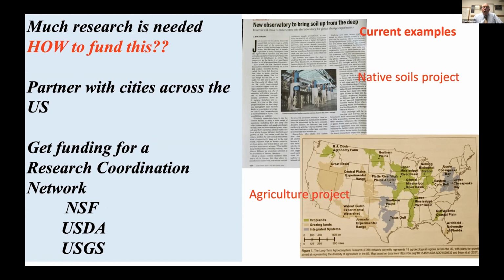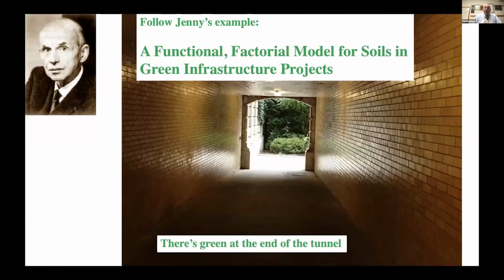There is a large nationwide native soil observation project that is just being initiated. And then there is an agricultural project that has been around for a few years now. We really need to have something like this for cities as well.